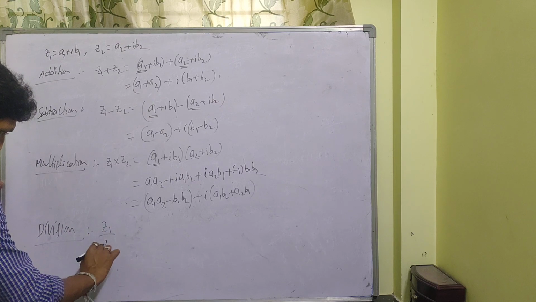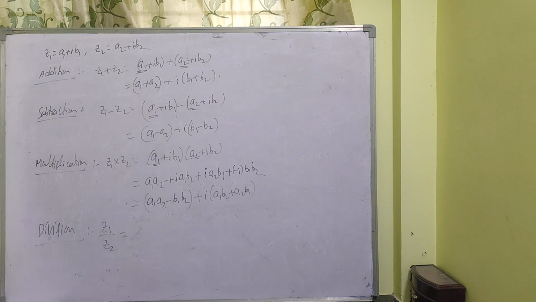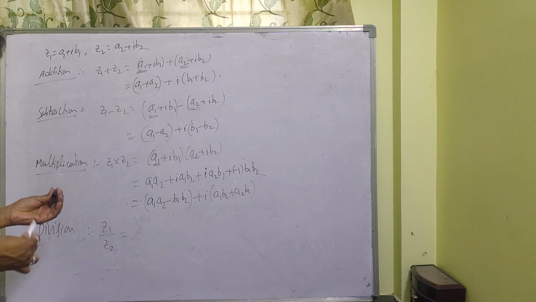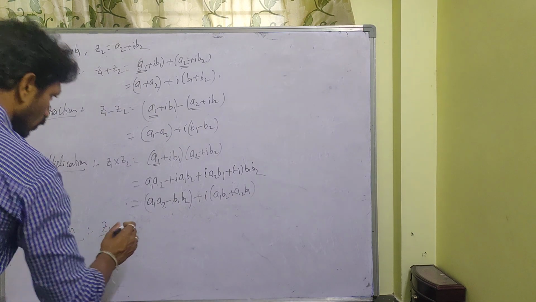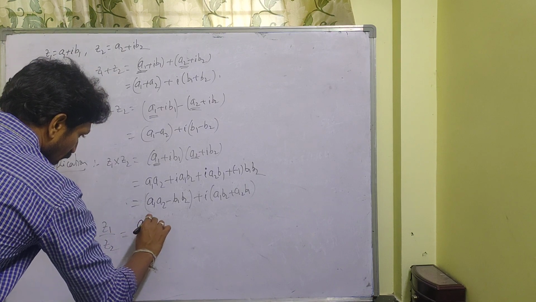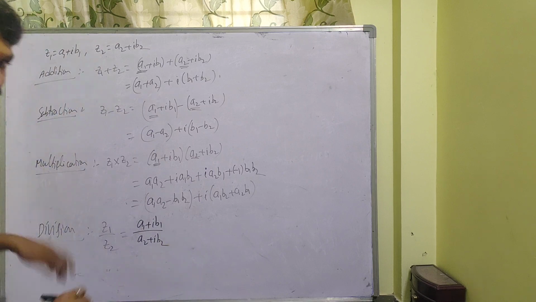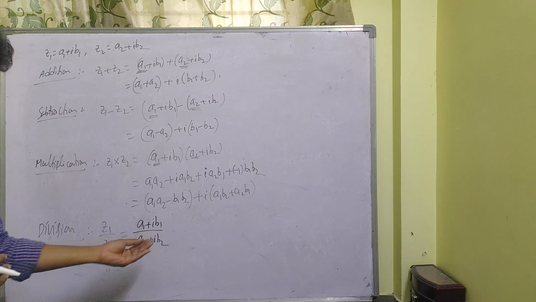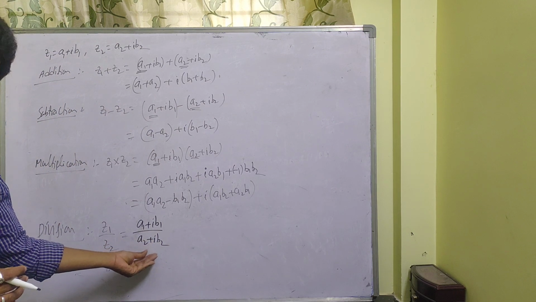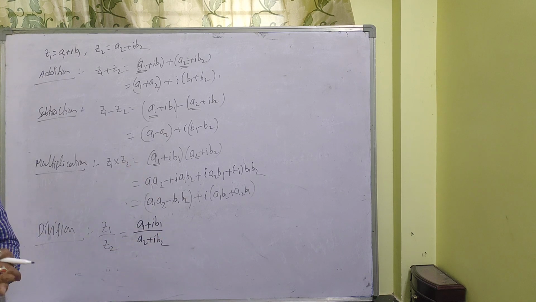That is Z1 by Z2, you can write. Z1 by Z2 is nothing but (A1 + iB1) by (A2 + iB2). Generally, we won't put an imaginary or complex number in the denominator.